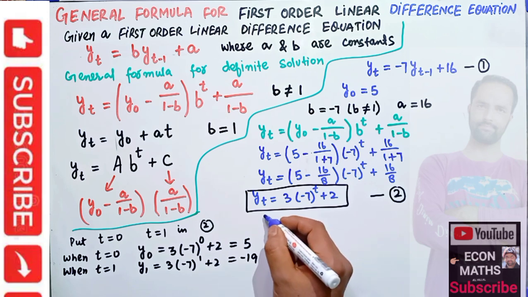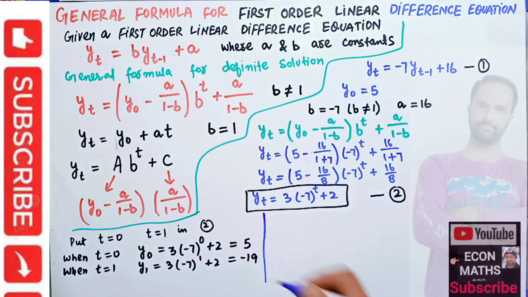After that, let me write it here. What we got is y naught is equal to 5 and y1 is equal to minus 19.